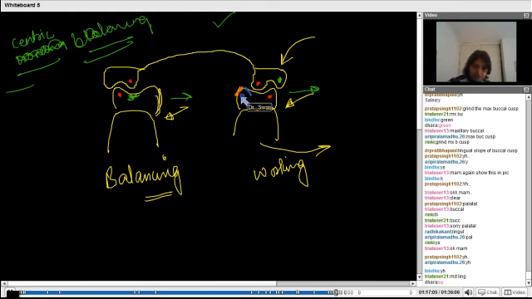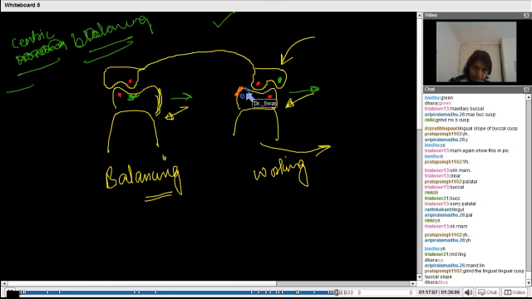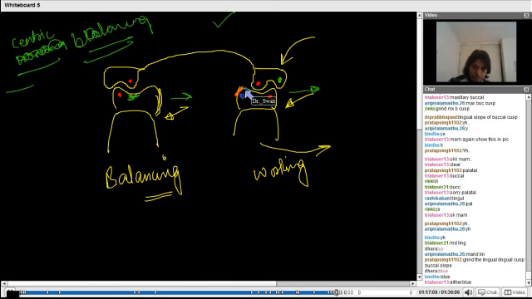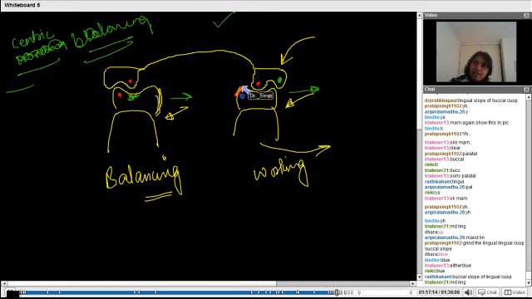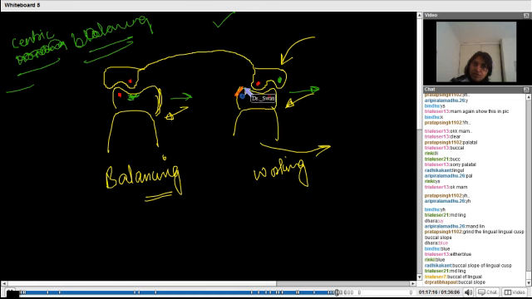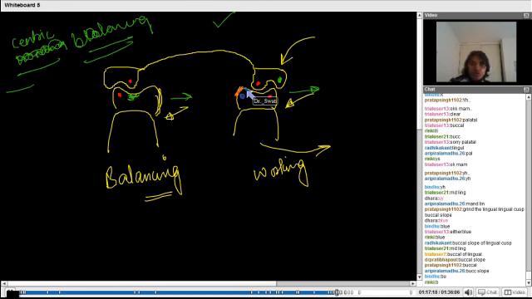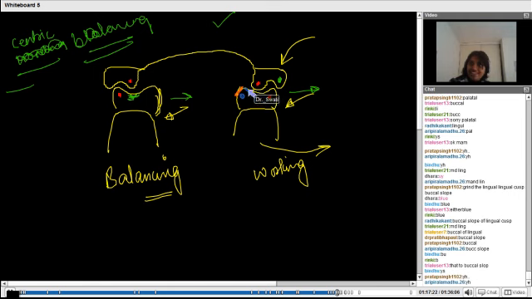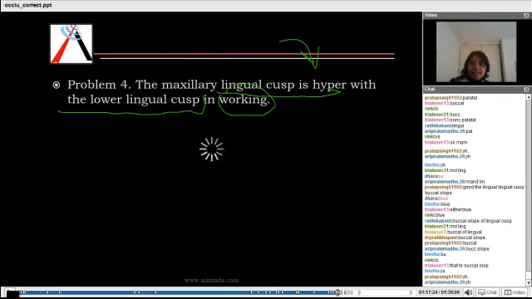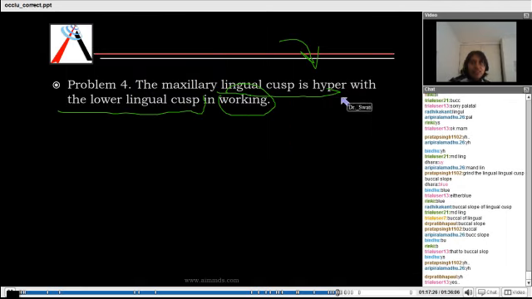Which one do we grind? Yes, the lingual cusp of the mandible, and which slope? The buccal slope. So this is very straightforward. Clear? Now, the next question.